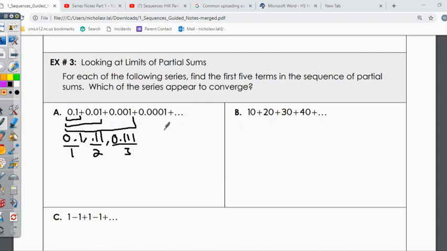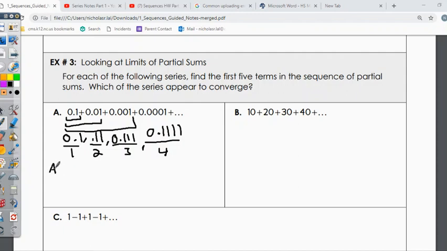If you added the first four terms, right? 0.1 plus 0.01 plus 0.001 plus 0.0001 would be 0.1111. All right? And so with this series, it appears to approach 0.111 with 1 going on forever.